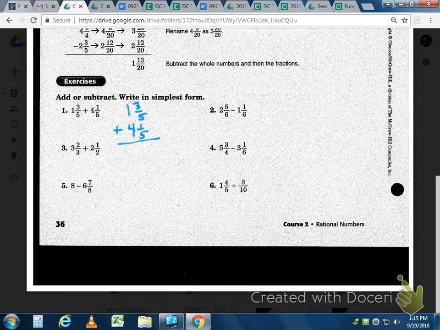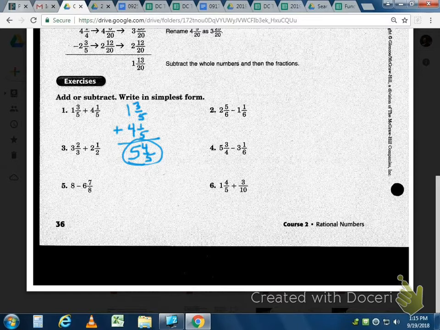Emily, let's add up the fractional part first. 3/5 plus 1/5. 4/5. And then the whole part? That'd be 5. Is 5 4/5 a good final answer? Yes. So 5 4/5 is done.